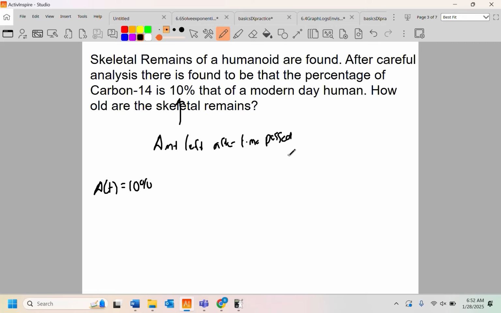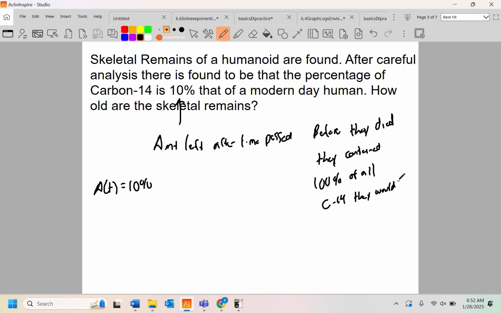Now, before the person died, they contained 100% of all the carbon-14 they would have. So my principal is 100%. What I'm writing is a big deal, okay? And the rest of it is just plug into the half-life formula.